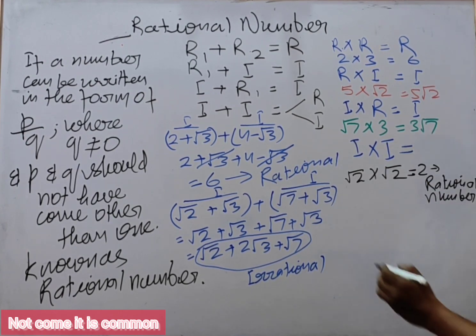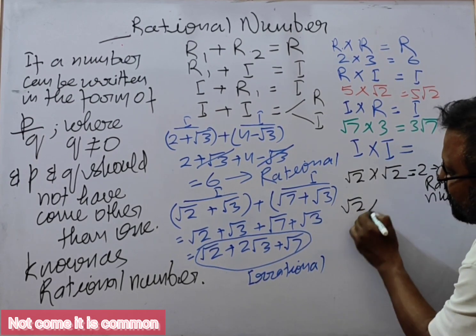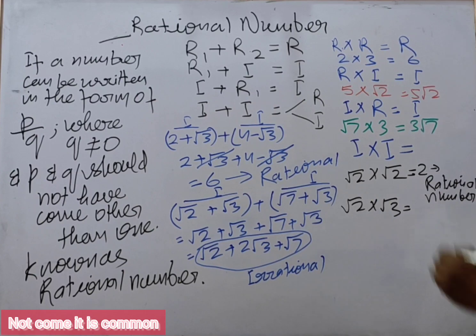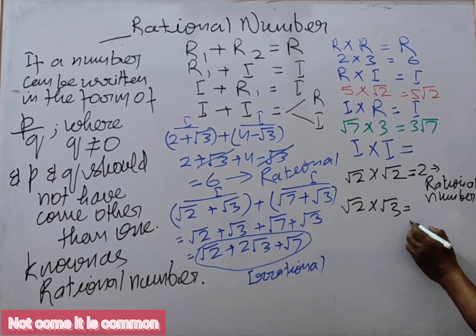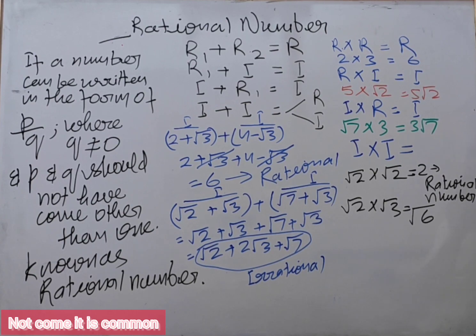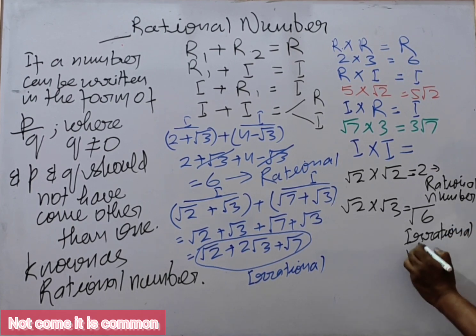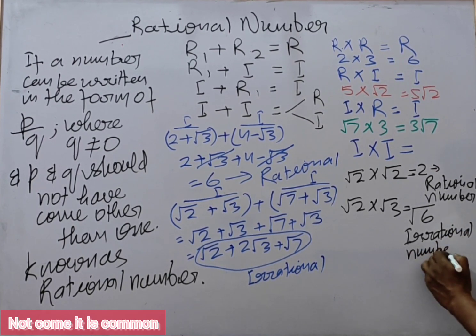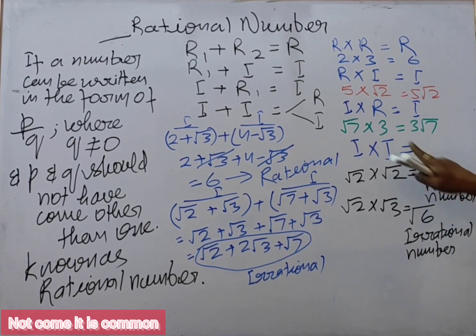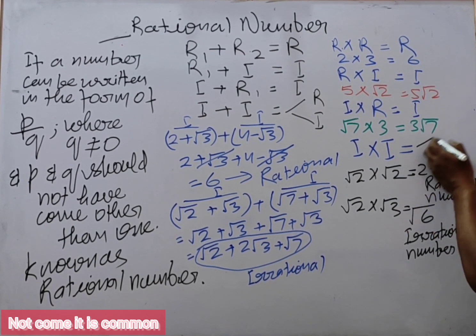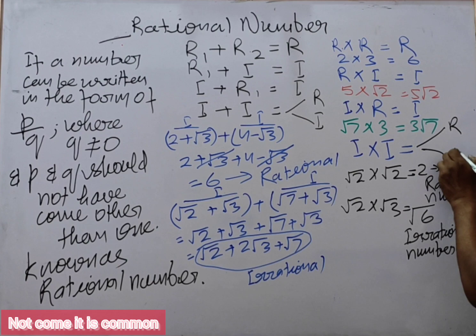But if root 2 into root 3, then what do you get? Root 6. Root 6 is what? This is an irrational number. So irrational number into irrational number, there is a probability of getting a rational number or getting an irrational number. Both, right?